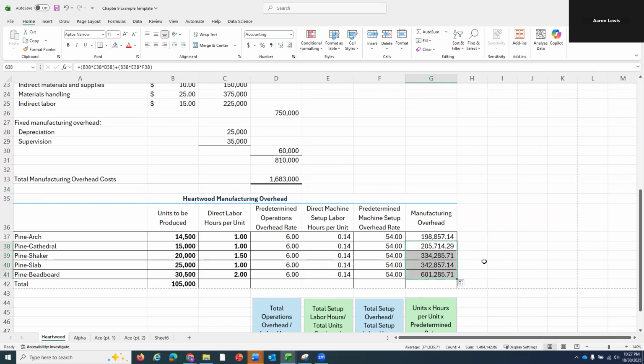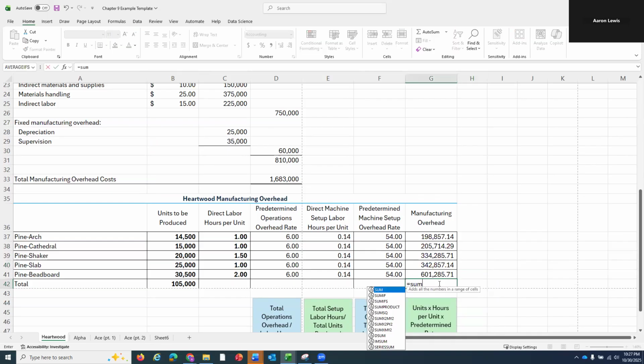And because I'm just doing the same procedures with the way I have these cells set up, I can just do this and fill handle and everything. We find out from a little math, the pine shakers are going to have $334,285.71 assigned to them. The pine slabs are going to have $342,857.14 assigned to them, and the pine bead boards are going to have $601,285.71 assigned to them.